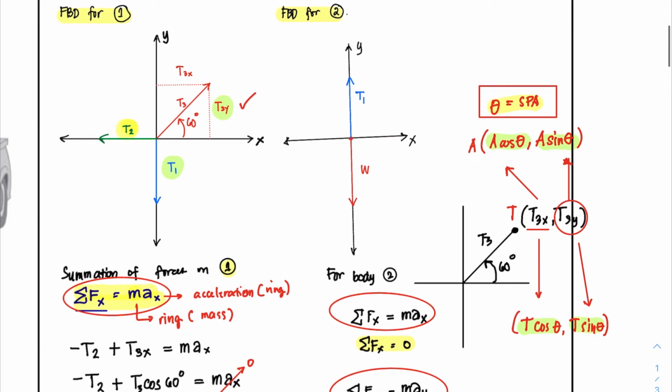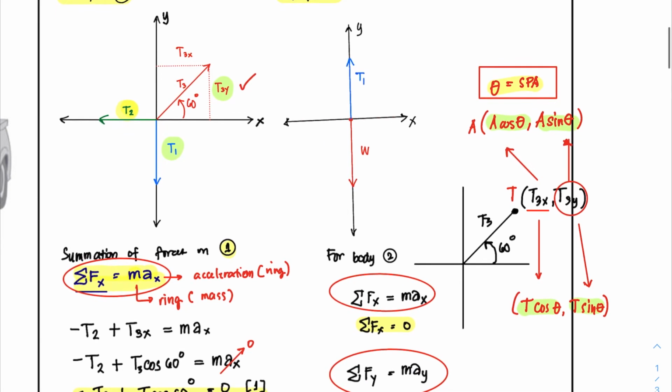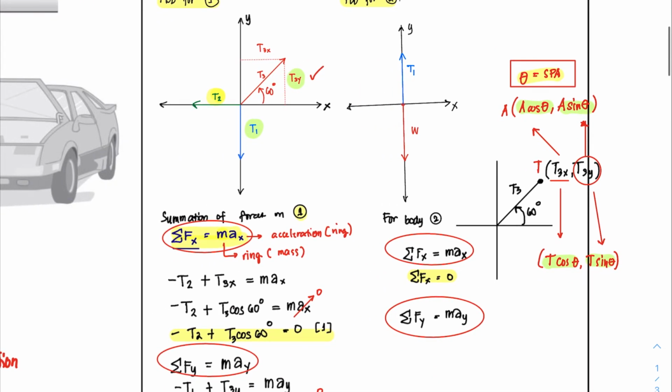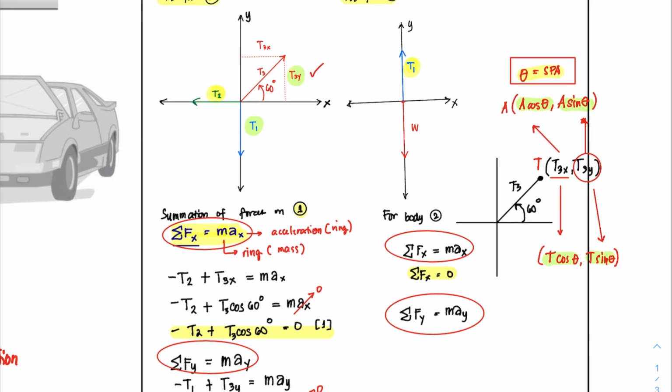Take note, focus your attention now on the free body diagram number 2, since we're taking the summation of the forces on 2. So the first force that you are seeing clearly is T1, right? And its direction is upward. Therefore, it must have a positive sign. So T1, positive, and then you add.